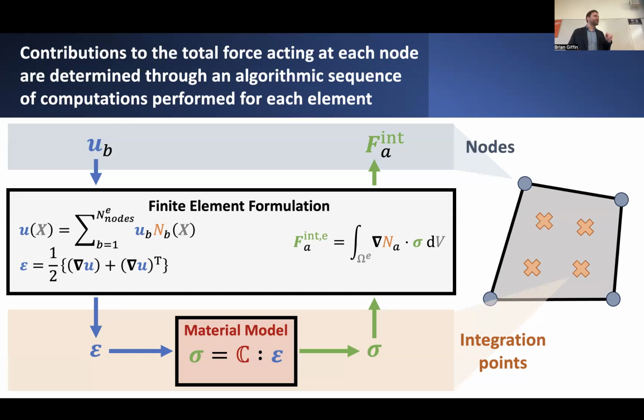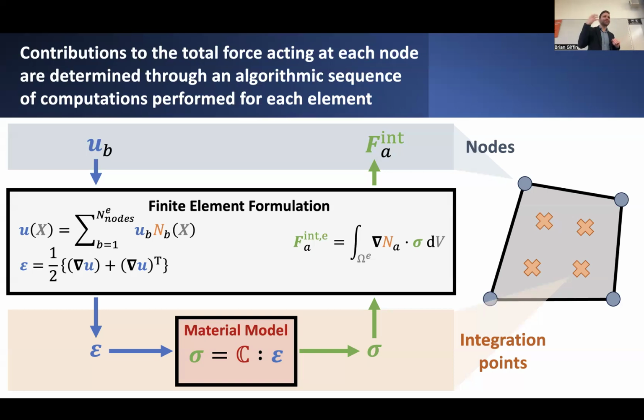And then from that description of strain, we can compute the stress at those corresponding points through our constitutive law or our material model. In the simple case of isotropic linear elasticity, that just gives us a direct relationship between stress and strain involving that rank 4 constitutive tensor.